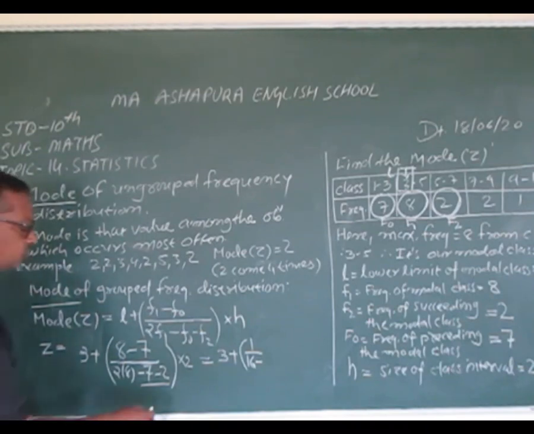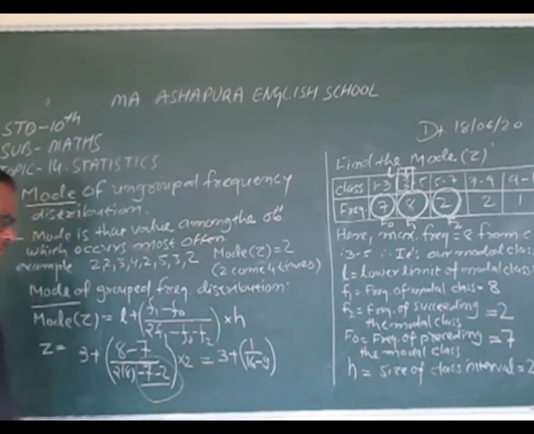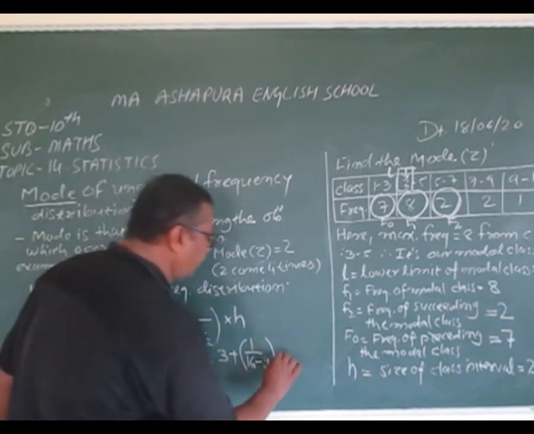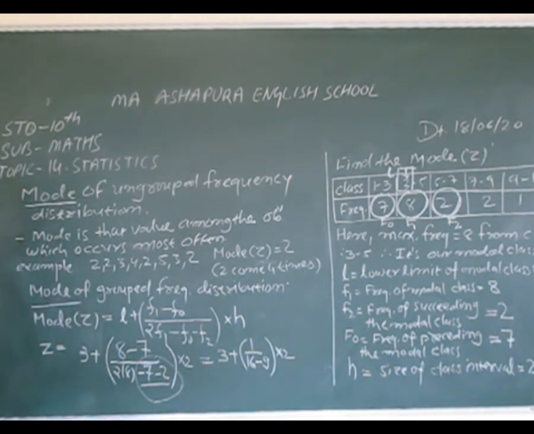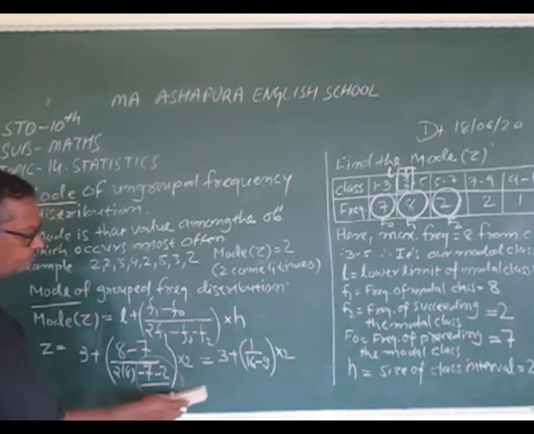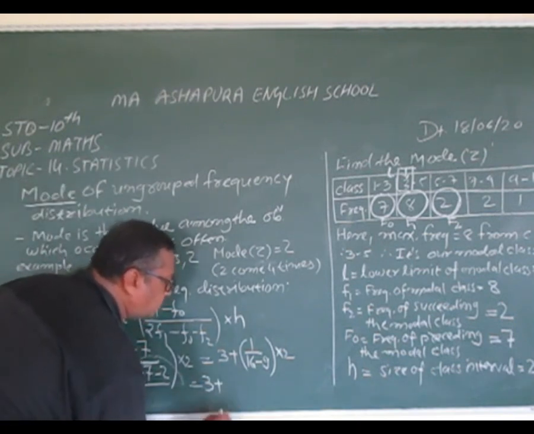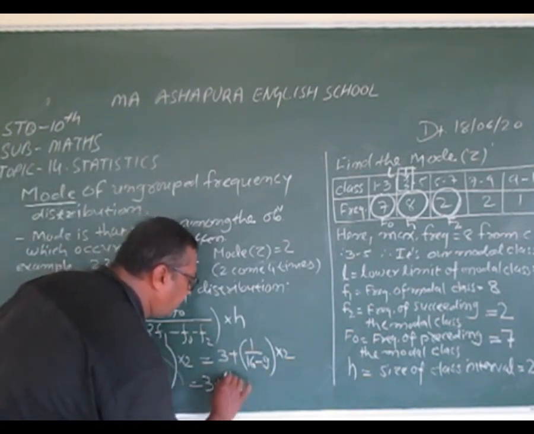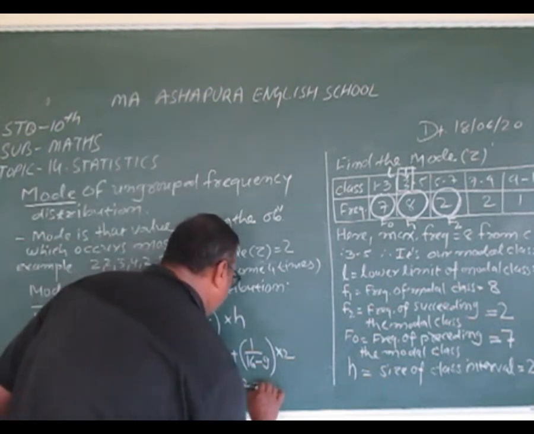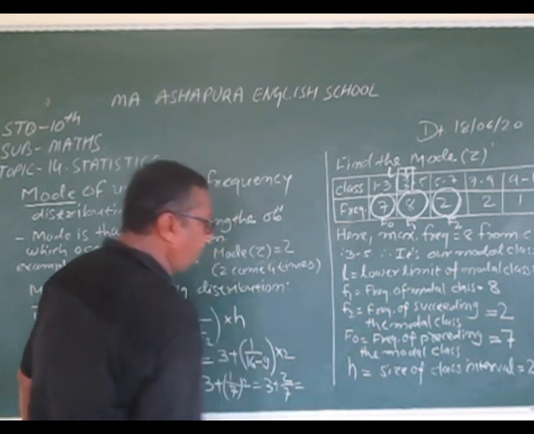Therefore the simplification of minus 7 and minus 2 is equal to minus 9 here, and H is equal to 2 remaining. Now the next step of the simplification is 3 plus, into bracket, 1 by 16 minus 9 is equal to 7, and multiply 2. Therefore 3 plus 2 by 7.